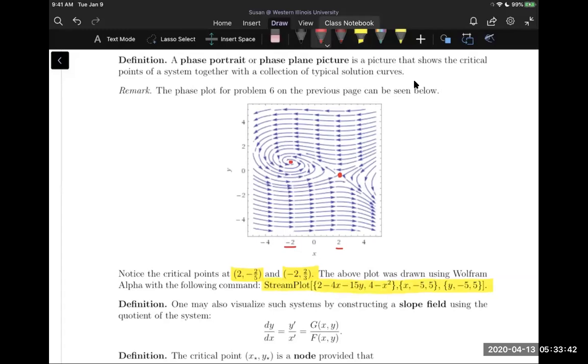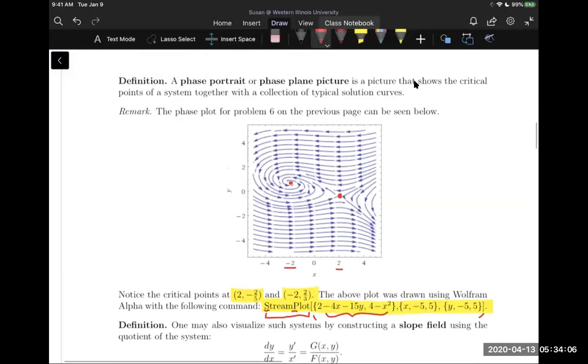So the syntax or the built-in command that you're using is the StreamPlot command. Make sure you capitalize the S and the P in StreamPlot. And then you want to surround everything after the StreamPlot command in square brackets. And then you have three lists here. This first list is the two differential equations. So let me just scroll up here.